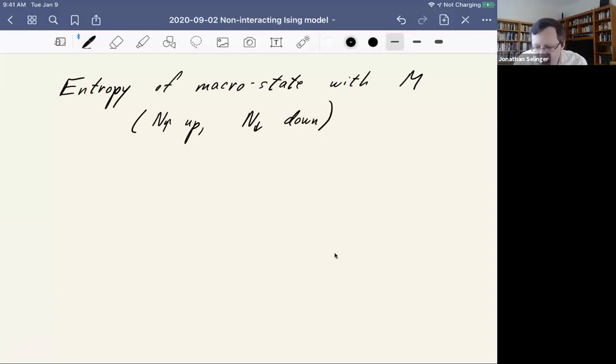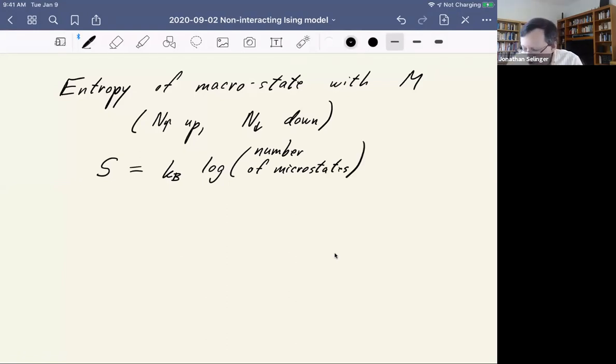This is the thing that I tried to derive in an abstract way on Monday in the last class. So we had this general consideration, which says that the entropy is Boltzmann's constant times the natural log of the number of microstates.